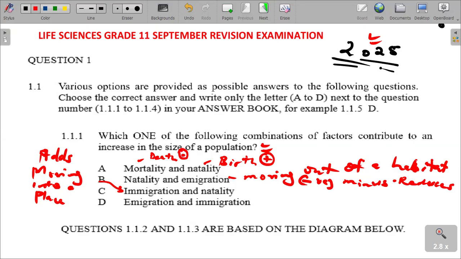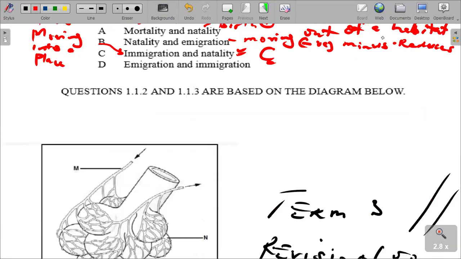It should be C. C is the correct answer, which identifies that a population of given organisms increases because of the movement of organisms into a given habitat, and also an increase in the birth rate. It results in a population increase.